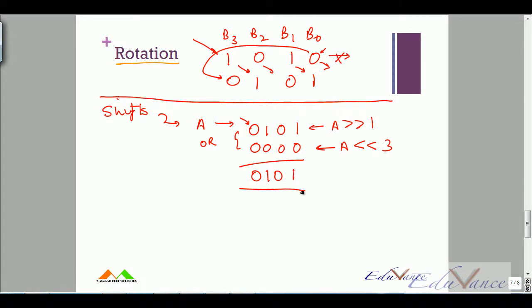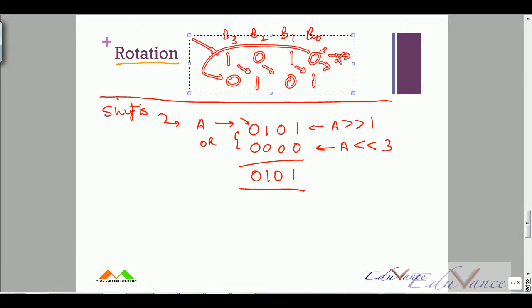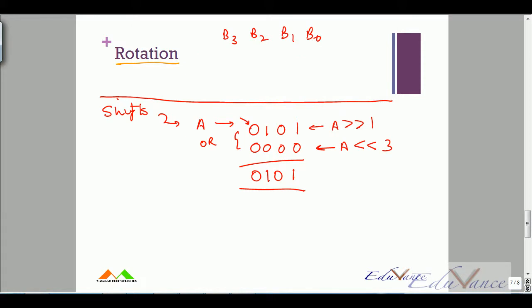Let's look at another example. Suppose I would like to do a left rotation on A. Let's take the value again, 1 0 1 0, and if I would like to do a left rotation, my expected answer is 0 1 0 1, and this guy that was supposed to fall off comes here. So it's a left rotation.